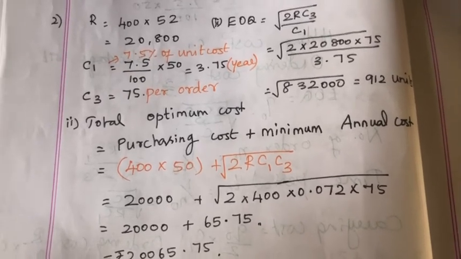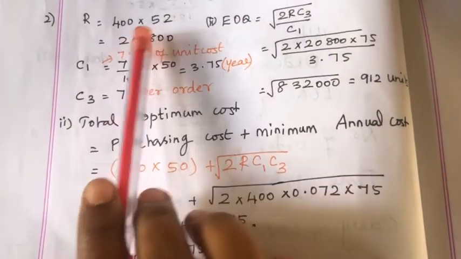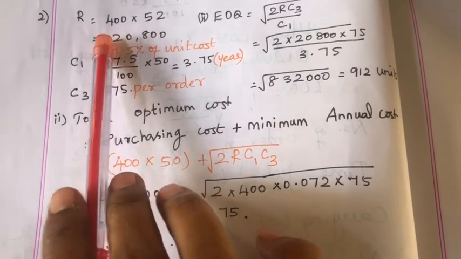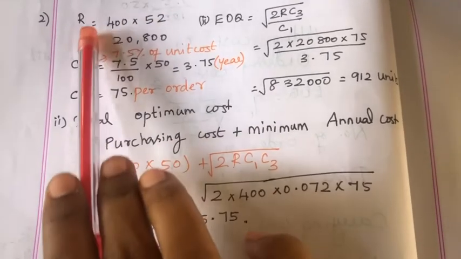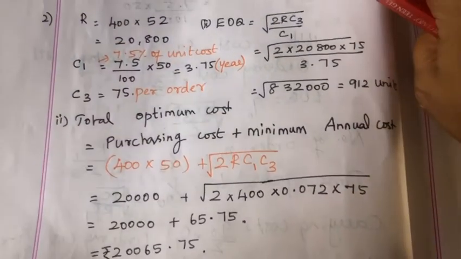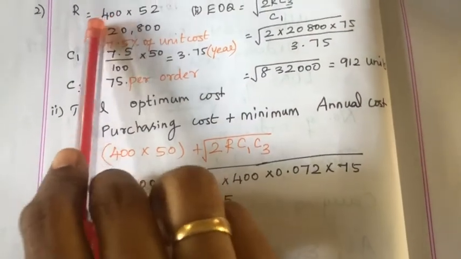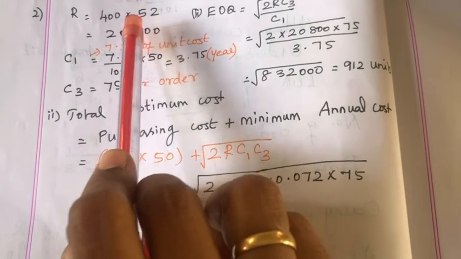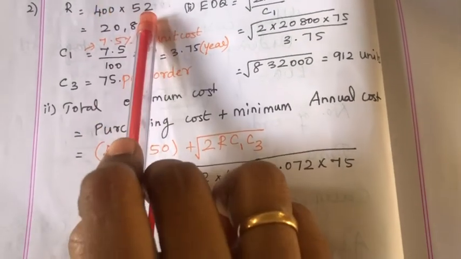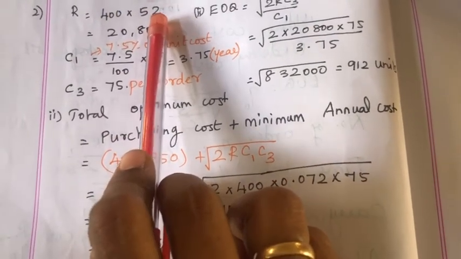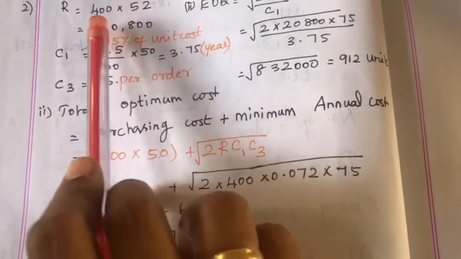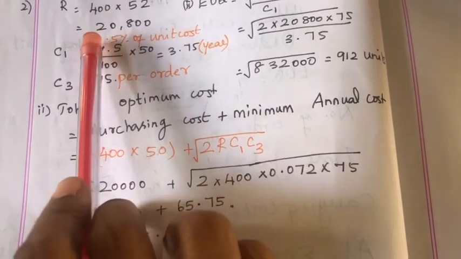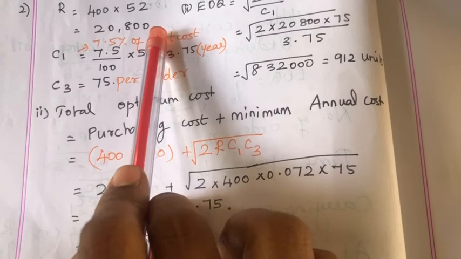Requirement R is equal to 400 into 52. 400 is the required units per every week. For a week they need 400. So, for a year we need to multiply that value by 52 because every year has 52 weeks. So we multiply by 52, that is equal to 20,800.